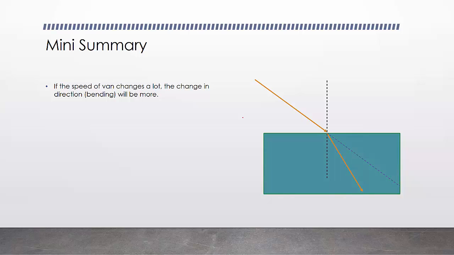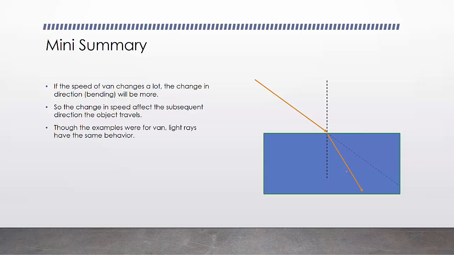What do I mean by that? Let's say instead of a rough ground, it becomes a very muddy ground, so you will expect that the van does not change its direction as usual, but rather it will change more, because the change in speed affects the subsequent direction the object travels.